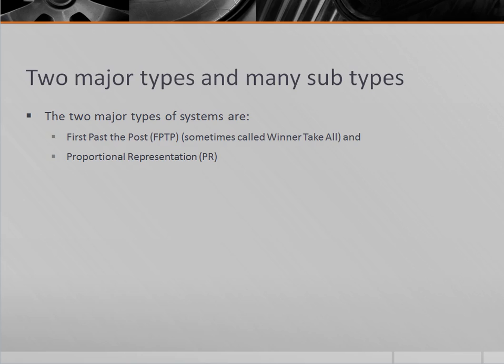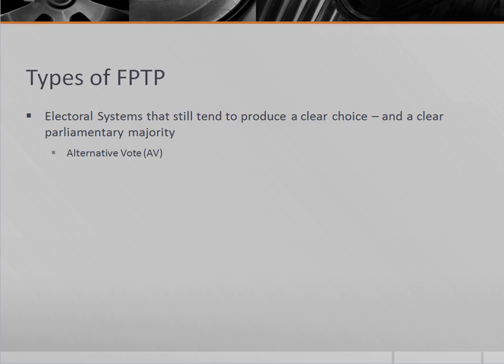And of course, proportional representation is the other major kind of representational system, which we will talk about in the next lecture. So, within first-past-the-post systems, you have the classic first-past-the-post, which you see in the United Kingdom and the United States, and you have the alternative vote system, which I will talk about in a little bit.